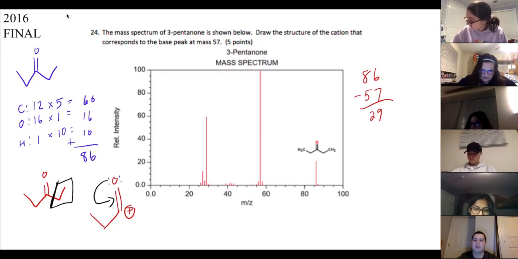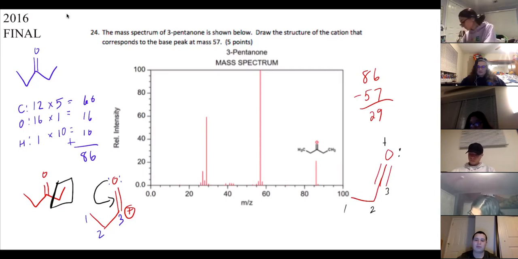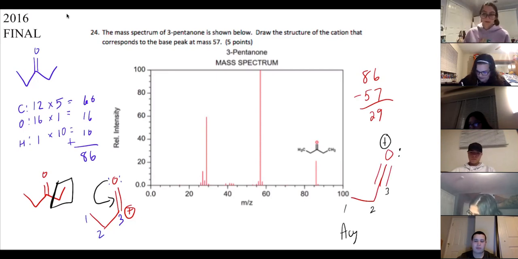With these questions, always count your carbons, because you'll always lose them with the triple bonds. They get kind of weird to draw out. So here we have 1, 2, 3. Oxygen has one lone pair left, so it gets a positive charge. And this is called the acylium ion.